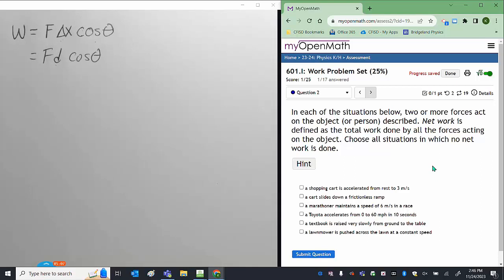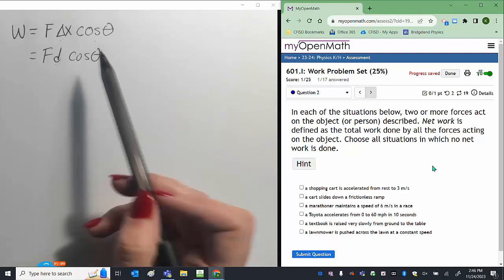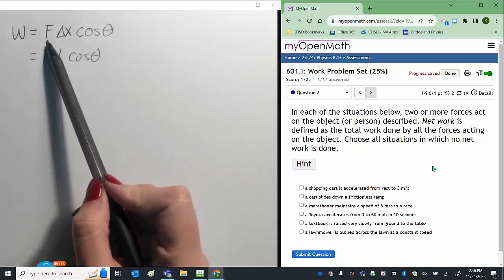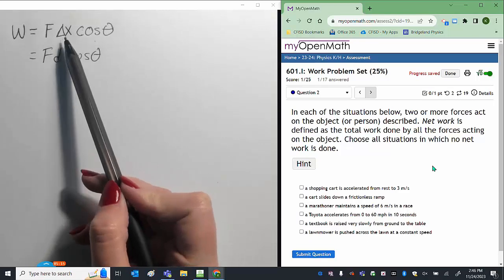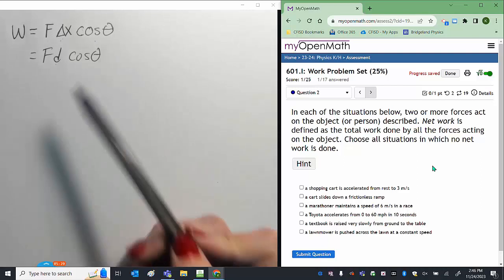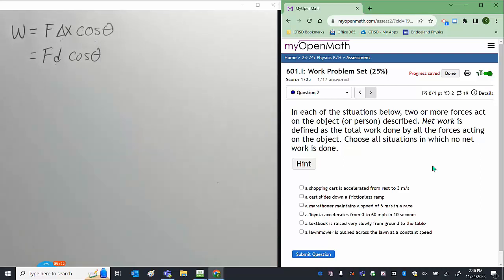When we're talking about work, we're looking for situations where either there's no force being applied, there's no displacement of the object, they don't move it, or that force is being applied perpendicular, because whenever you take the cosine of that, you're going to get 0. Your force has to be parallel.